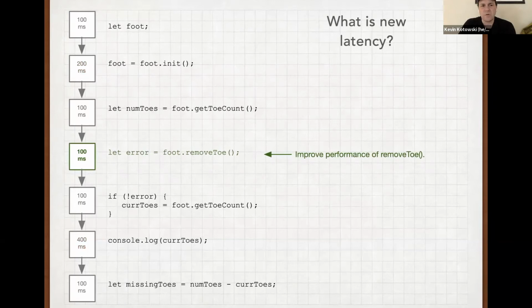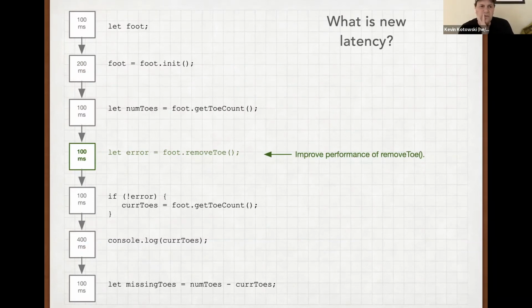Okay, so what happens here? This middle one here, the remove tow function, was actually reduced from 500 milliseconds down to 100 milliseconds. So now what's the new latency going to be?